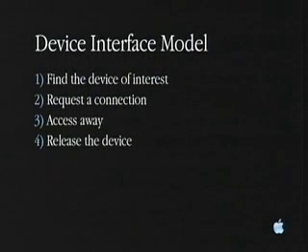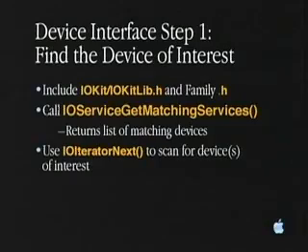So I'm going to go through a 4-step sequence here of how this works. From an application, the first thing to do is find the device of interest. And the way you do that is by searching the IO registry. There's a number of different ways to search the IO registry and discover the device or devices of interest. But probably the most common and most useful one is IOServiceGetMatchingServices.